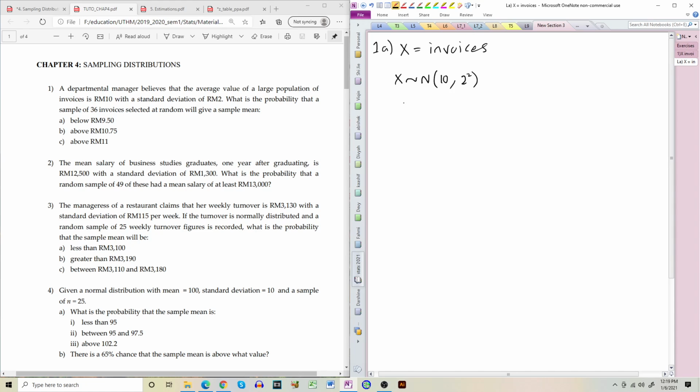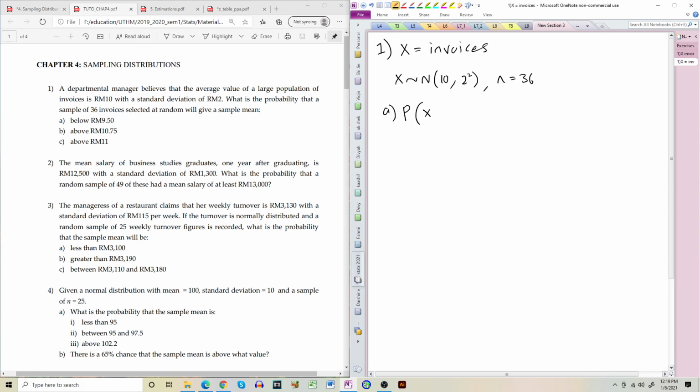What is the probability? The sample mean is, alright. So I just put here 1, A, so that we can use the information for all the questions.